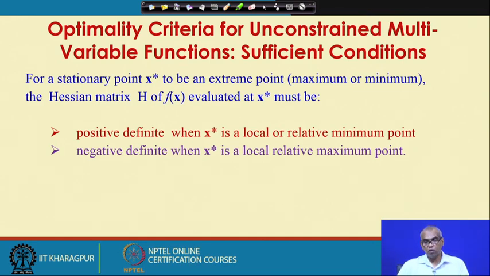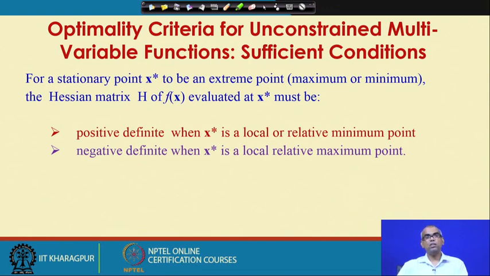So, what are the sufficient conditions? For a stationary point x star to be an extreme point, that means maximum or minimum, the Hessian matrix H evaluated at x star must be positive definite when x star is a local minimum point and negative definite when x star is a local maximum point.